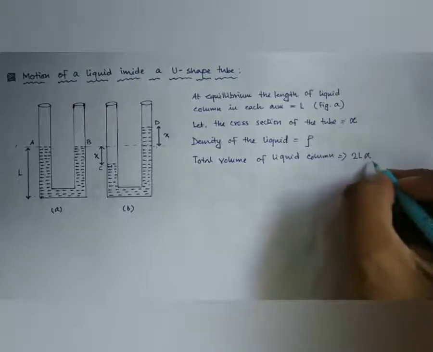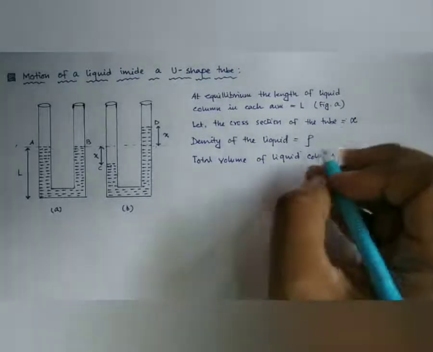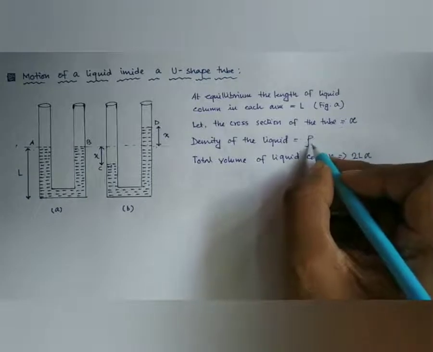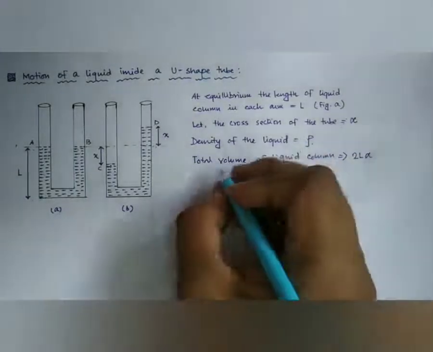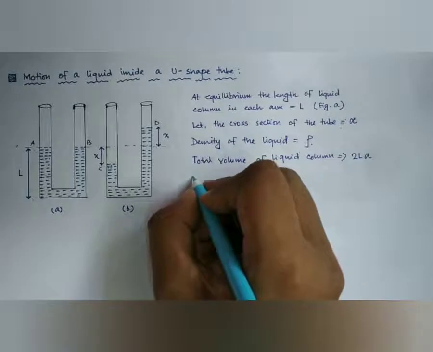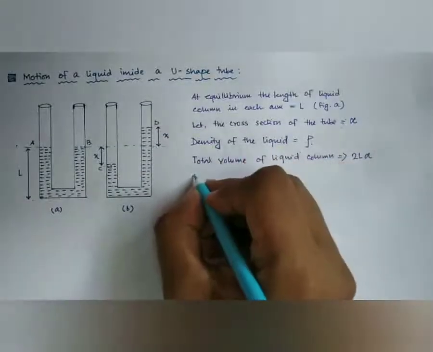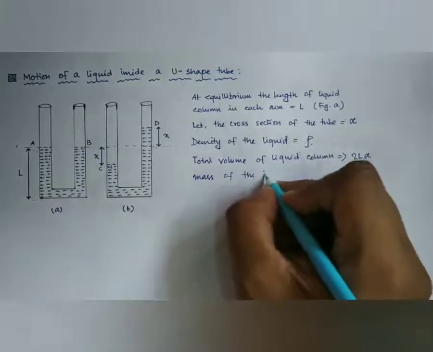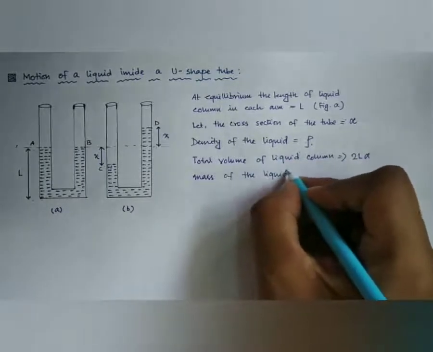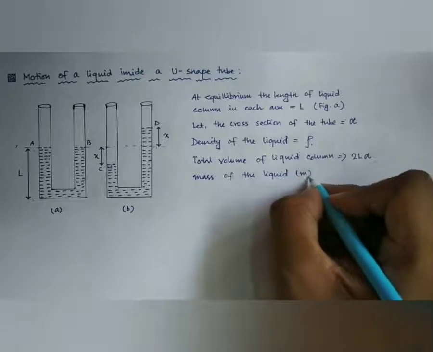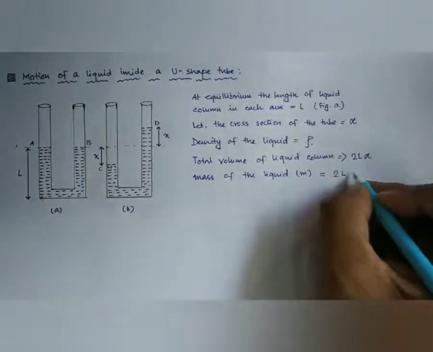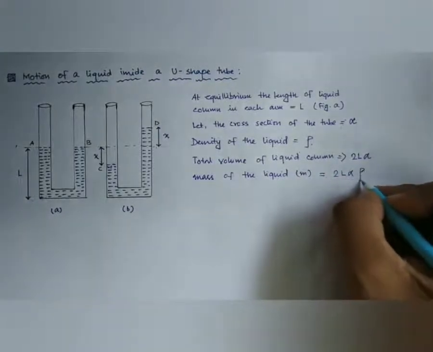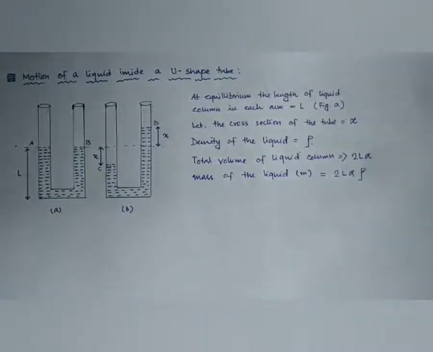So this is the volume of the liquid column, and we have the density of the liquid is rho. So the mass of the liquid column, or the total mass of the liquid, is 2L alpha, the volume, into the density, it is rho, 2L alpha.